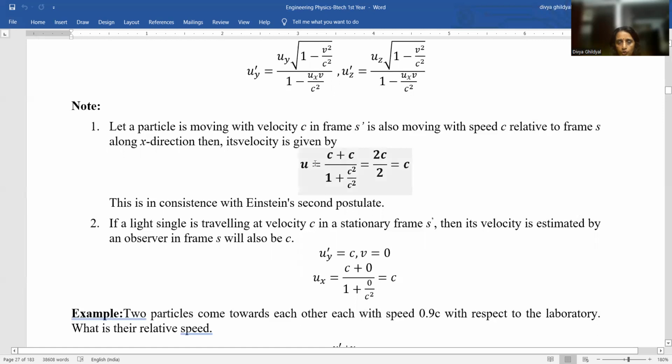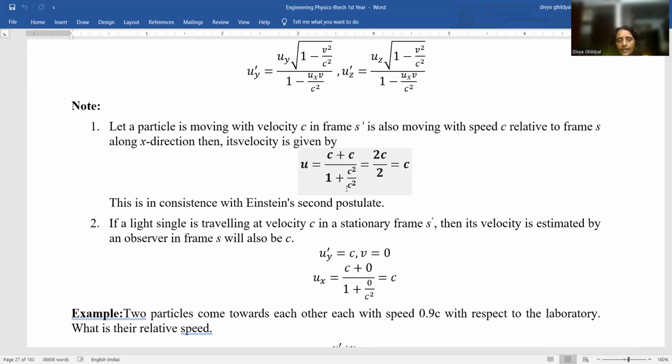What does this reduce to? u reduces to (c plus c) upon (1 plus c square by c square), which is equal to c. So this expression is valid, and it is proving once again the second postulate of Einstein, which states that the velocity of light is the same and it is a universal constant.